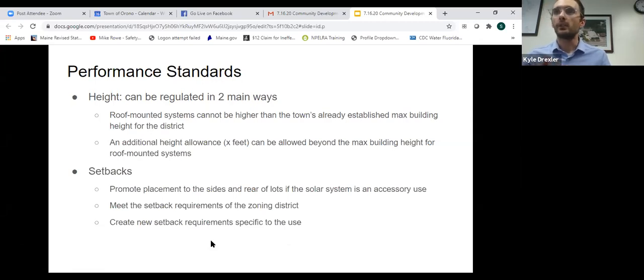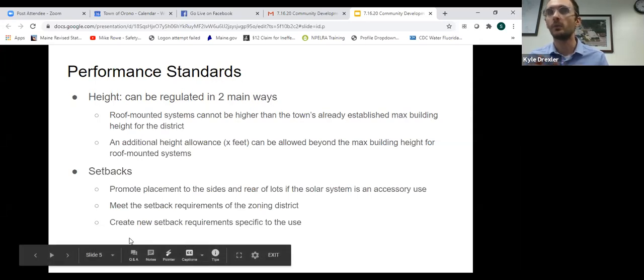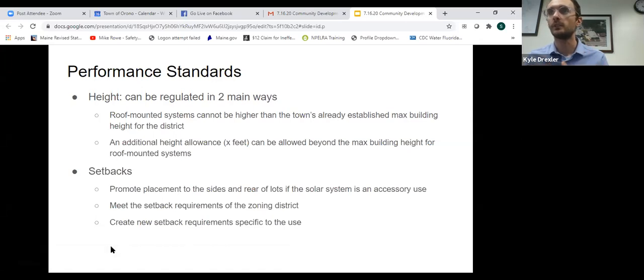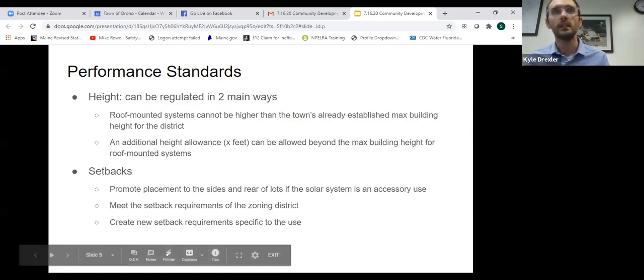So you can either include the solar systems within that max building height and require that they stay under it, or you can create an additional standard that says if you have a single family home, it can be 35 feet, and then you're allowed to go an additional 3-5 feet for a roof mounted solar array.